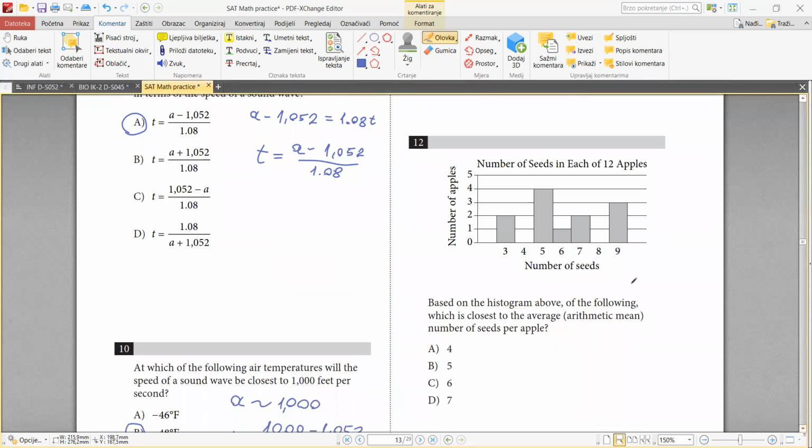Question number 12. We have the number of seeds in each of 12 apples and the number of apples. Based on the histogram above, which of the following is closest to the average number of seeds per apple? So we have 2 apples with 3 seeds.